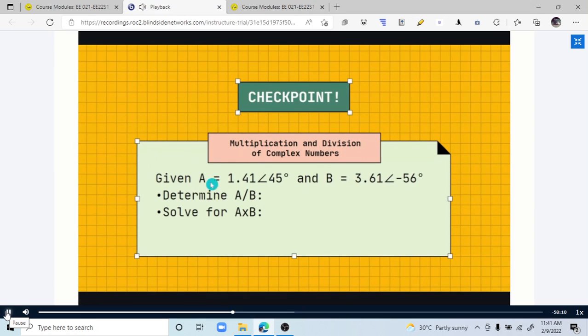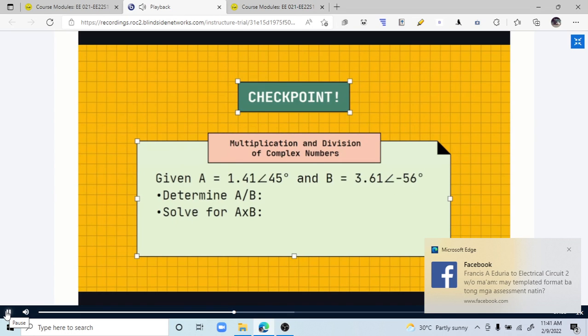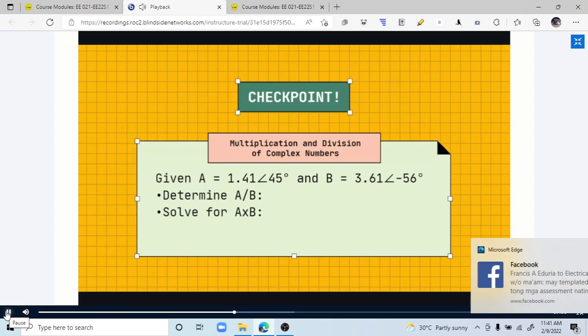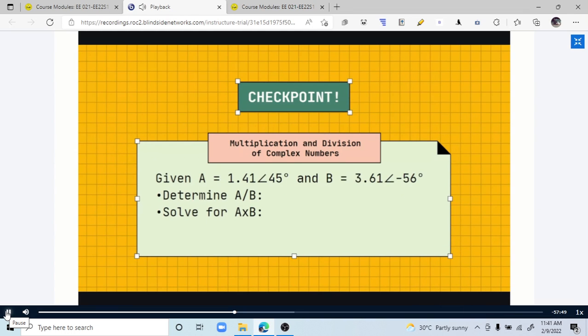Let us first determine A divided by B. On your calculator, that is 1.41 angle 45 divided by 3.61 angle negative 56. Your answer should be in polar form. What is the answer in polar form?